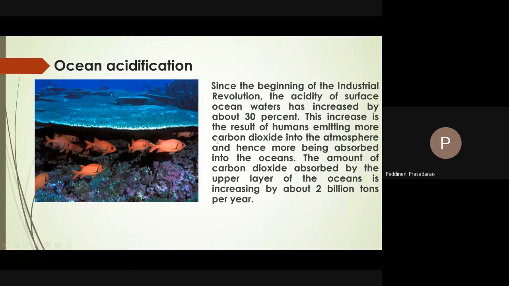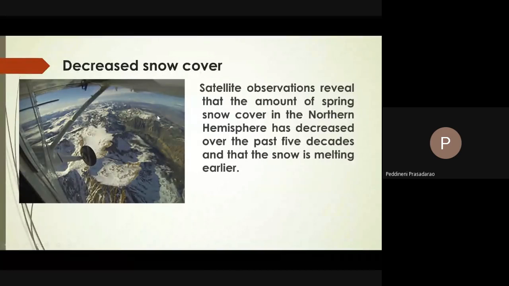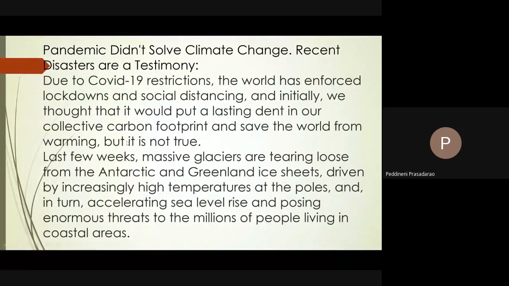So this is also happening. And because of the increased temperatures, decreased snow cover is seen. So all these things happen because of global warming, and as a result finally you see economic and ecological disasters taking place.